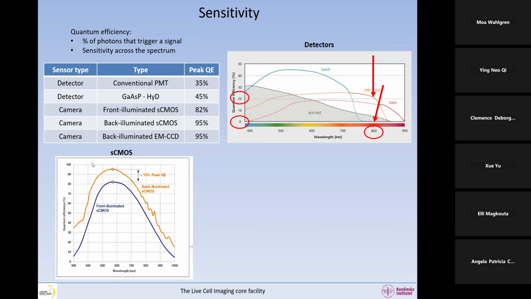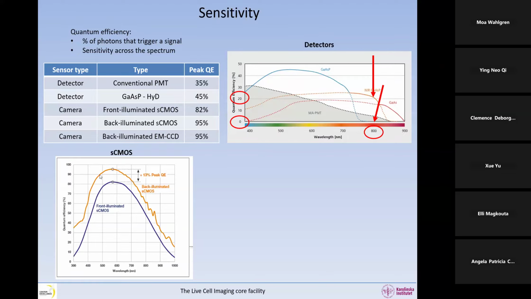Now, if we look at the cameras, in sCMOS cameras, we can see that we have a difference between the front illuminated sCMOS and the back illuminated sCMOS, the most sensitive one. And again, it's a curve like this. It looks like a much steeper curve, but it's just because the range here is very big.